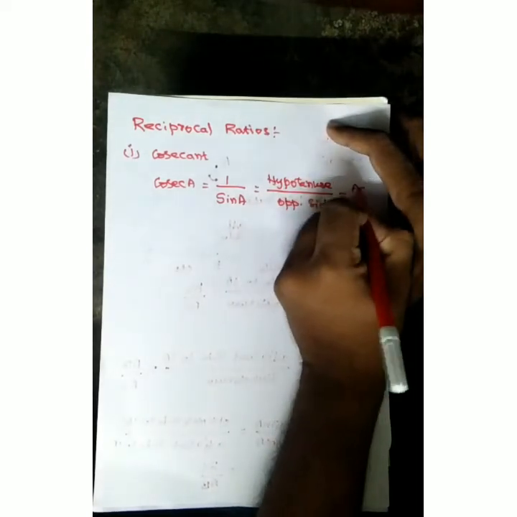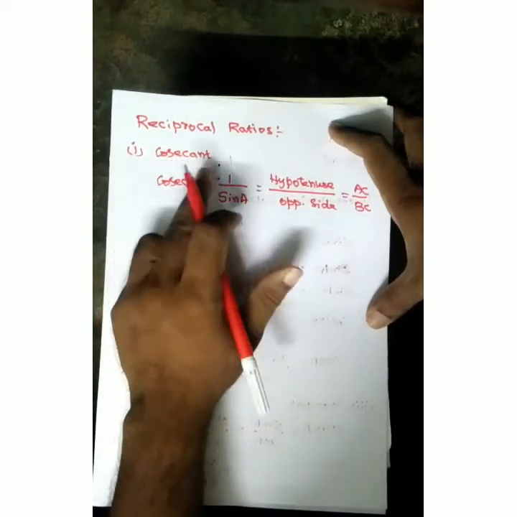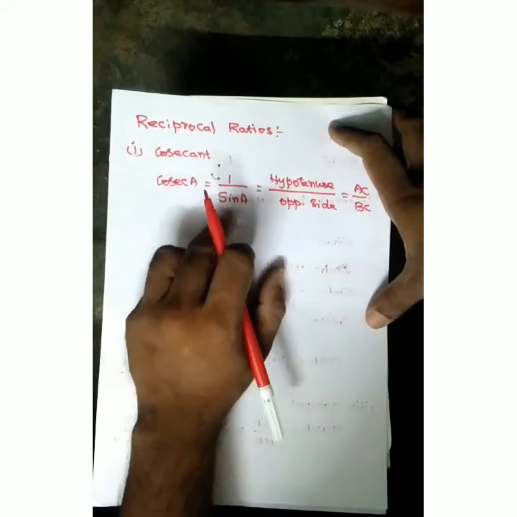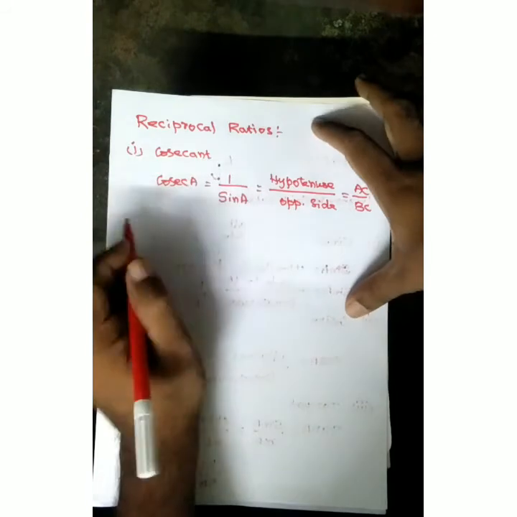Hypotenuse is AC, opposite side is BC. So cosec A is 1 by sin A, hypotenuse by opposite.